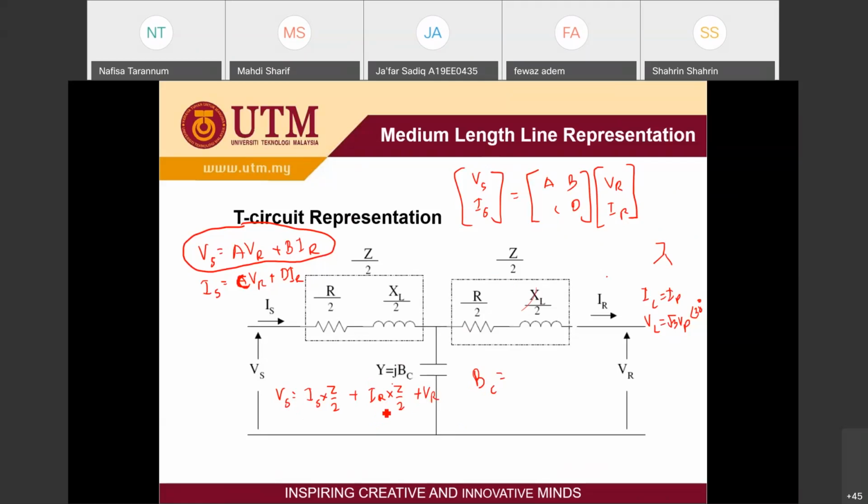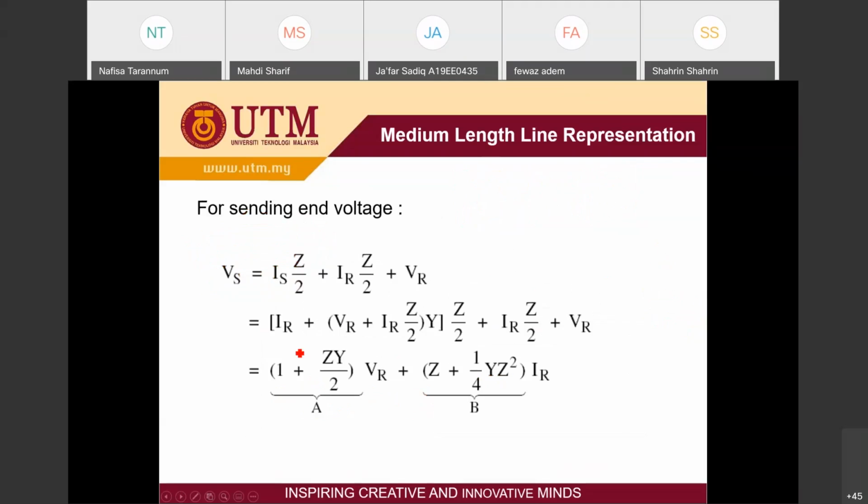But Is you need to transform into another function. You need to know what Is is. Is is this form. Then you rearrange and you will get your parameters. A is equal to 1 plus ZY over 2, and B is equal to this parameter value.